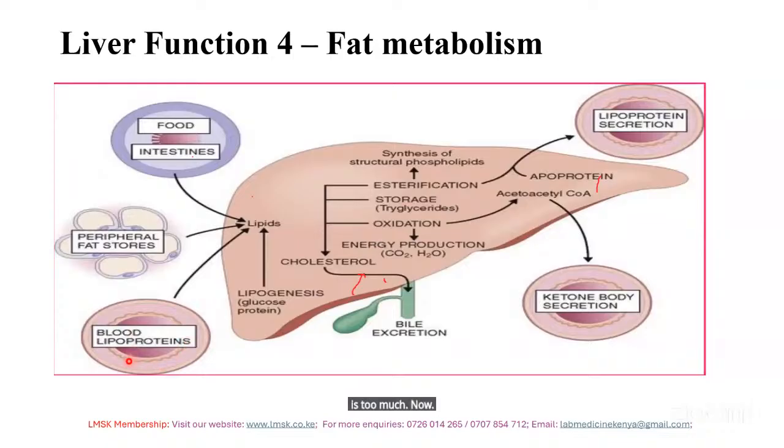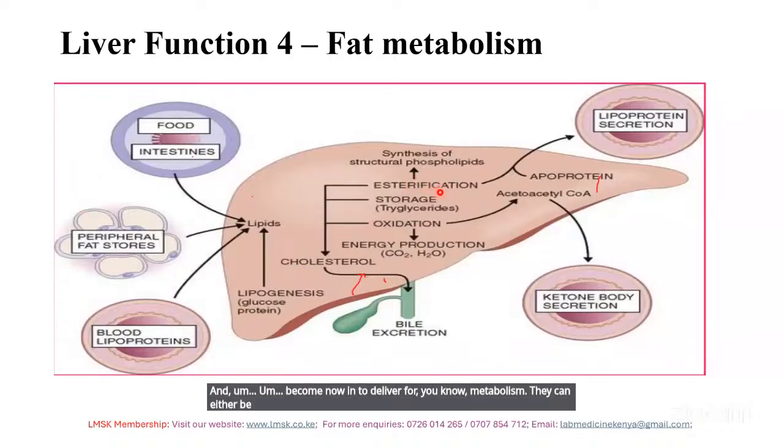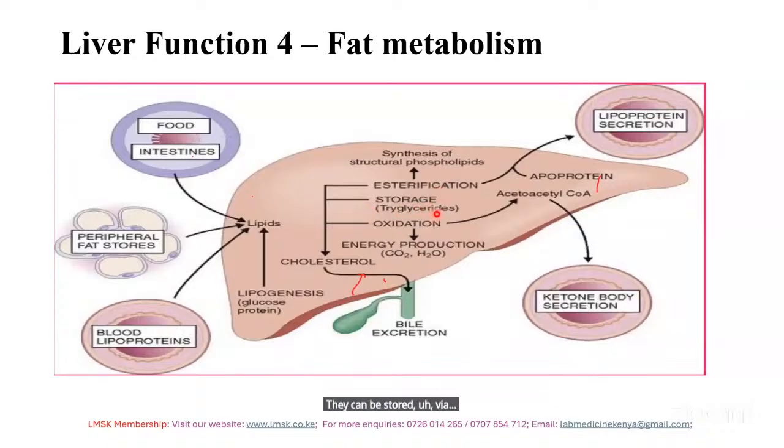Now, lipids can also be in the form of blood lipoproteins, and they come into the liver for metabolism. They can be esterified through esterification. They can be stored as triglycerides.